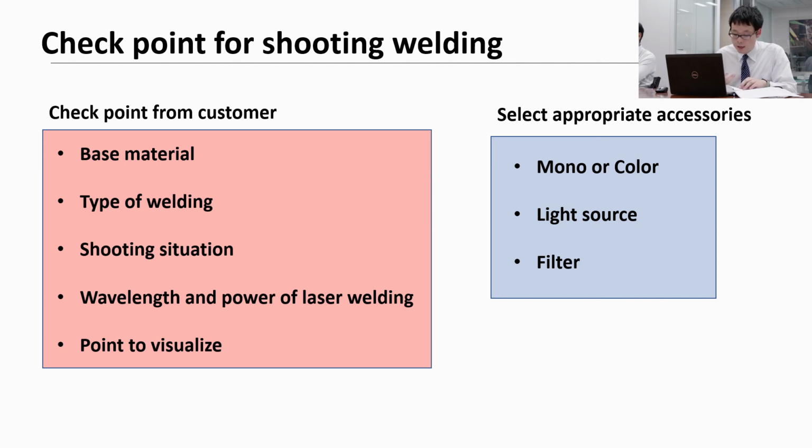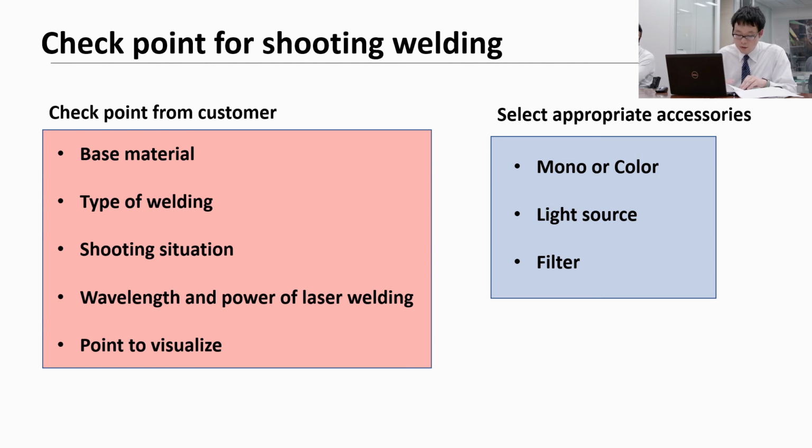Finally, we summarize the checking points for shooting welding. When you have a meeting with your customer, you should check these checking points before making demonstration. Base material, type of welding, shooting situation, wavelength and power of laser welding, and point to visualize that customer wants to visualize.